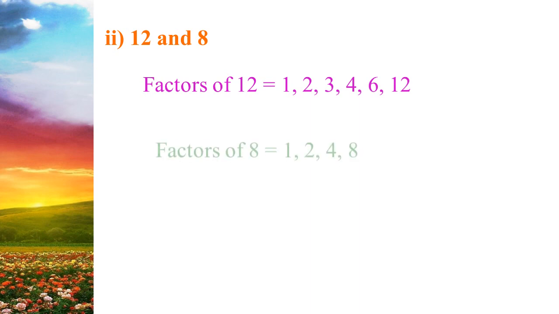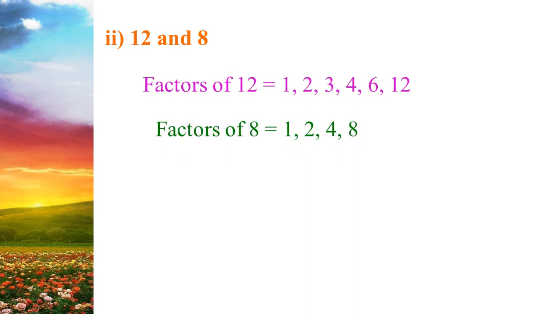Let's see second question 12 and 8. The first step we have to find factors of 12. 1, 2, 3, 4, 6 and 12. Then we have to find factors of 8. 1, 2, 4 and 8.